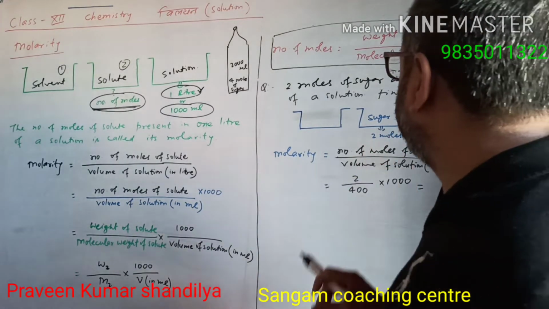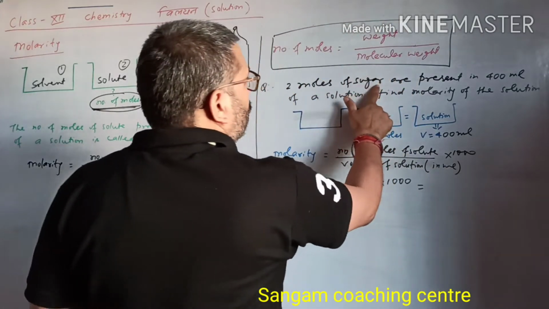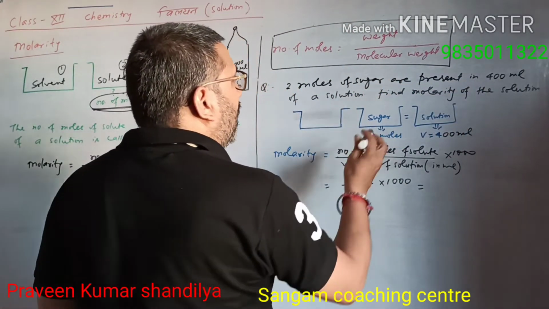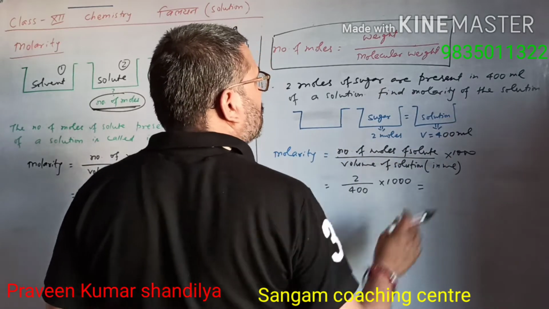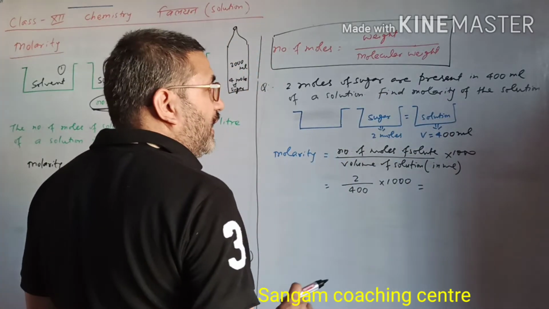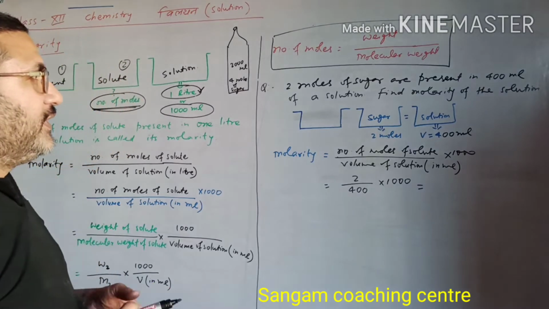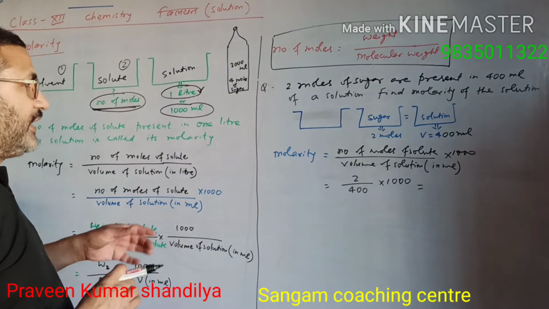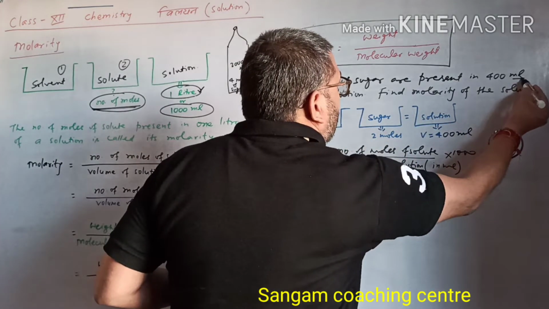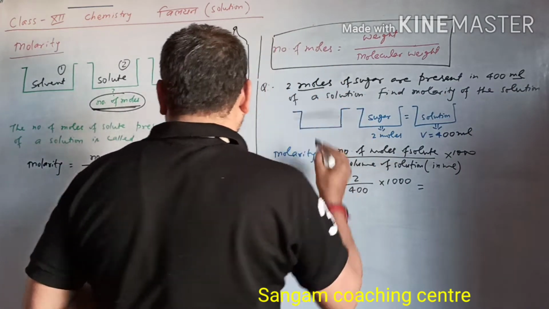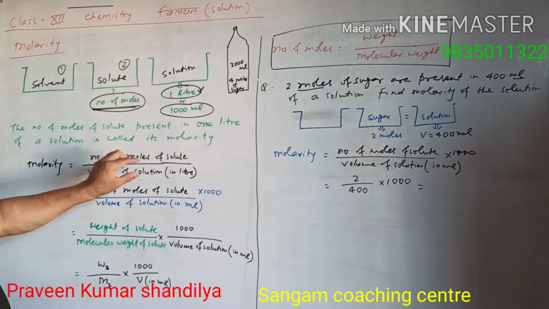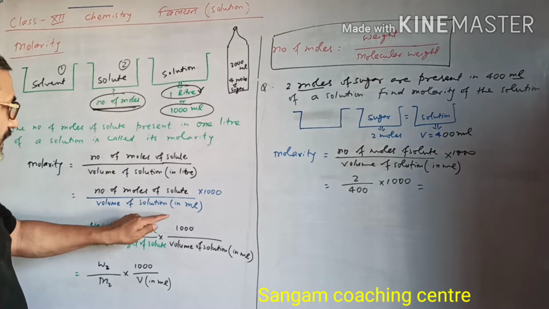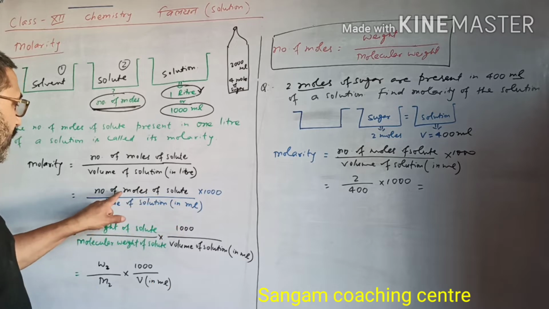My another question is: 2 moles of sugar are present in 400 ml of a solution. Find the molarity of the solution. We have to search for the formula in which there is milliliter and number of moles. In this formula there is liter and number of moles. In this formula there is milliliter and number of moles.